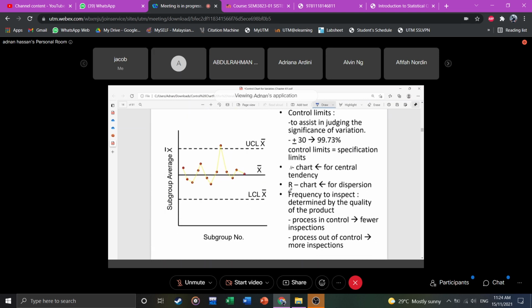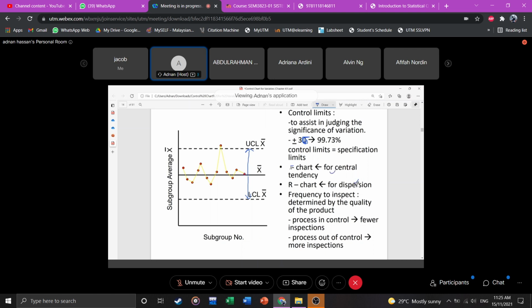I already mentioned that we need to have 3 sigma. This goes to 3 sigma, this also goes to 3 sigma. How we decide the control limit is based on 3 sigma. X bar chart is for central tendency. R chart is for dispersion.